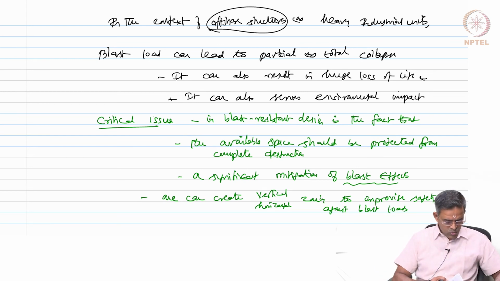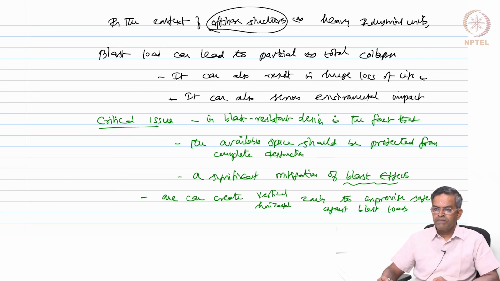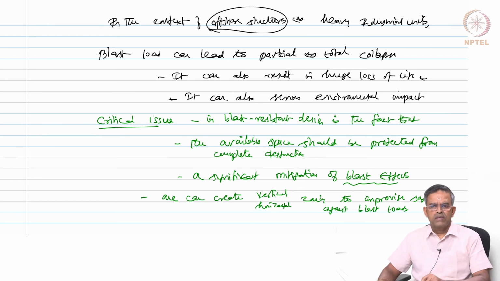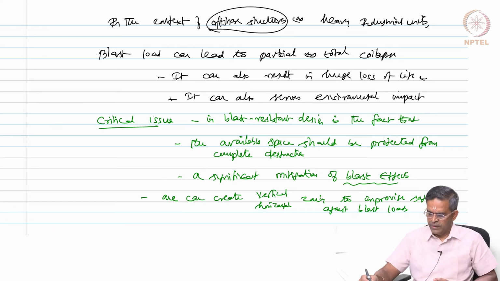Of course, you cannot do this for the entire structure, you can do it for part of the structure. Consequently, the following parts of the structure should however be protected.